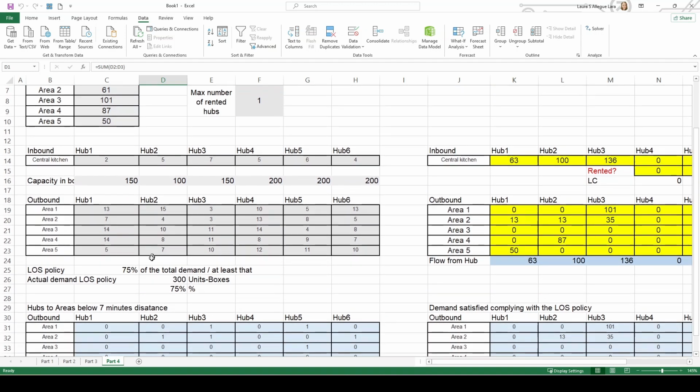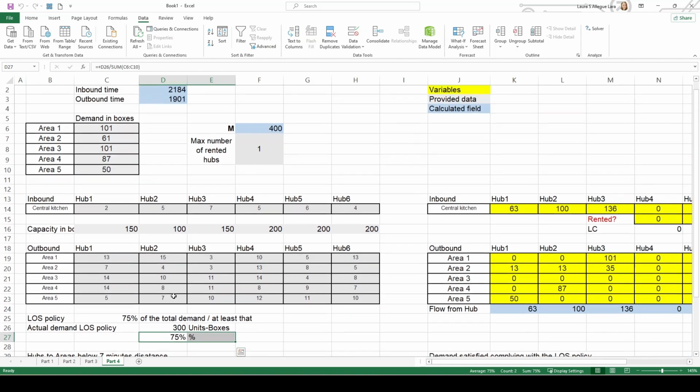And that could also be related to the fact that we forced the model to satisfy a level of service policy.